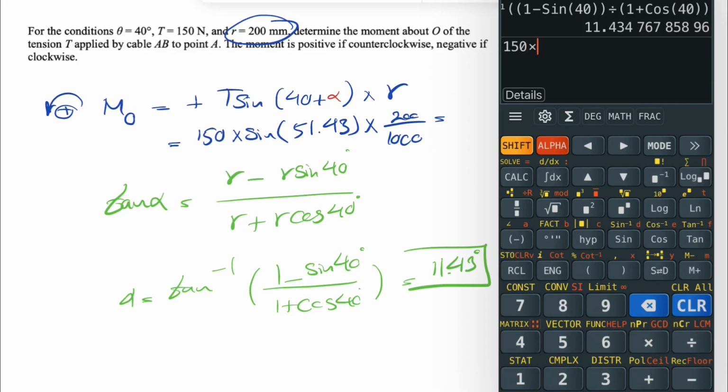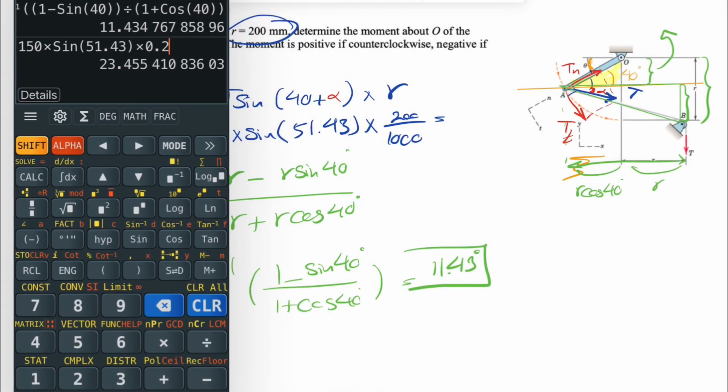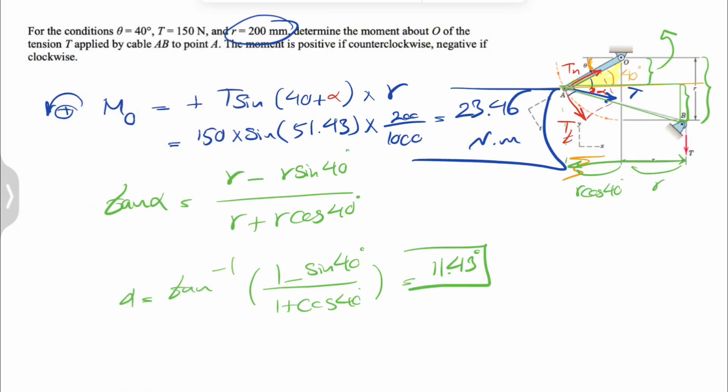So 150 times sine of 51.43 times 0.2, and that would be 23.46 Newton meter. And as I mentioned, because we have a positive moment, it will be counterclockwise.